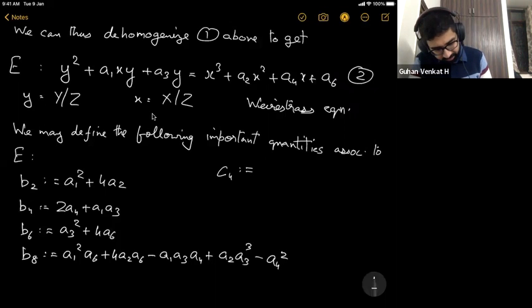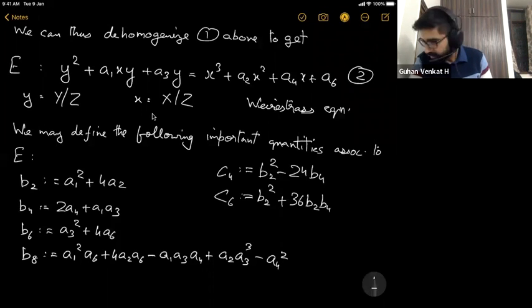So then c4 is going to be b2 square minus 24 b4. And then c6 is going to be, sorry, this is a b2 here, minus b2 cube plus 36 b2 b4 minus 216 b6.